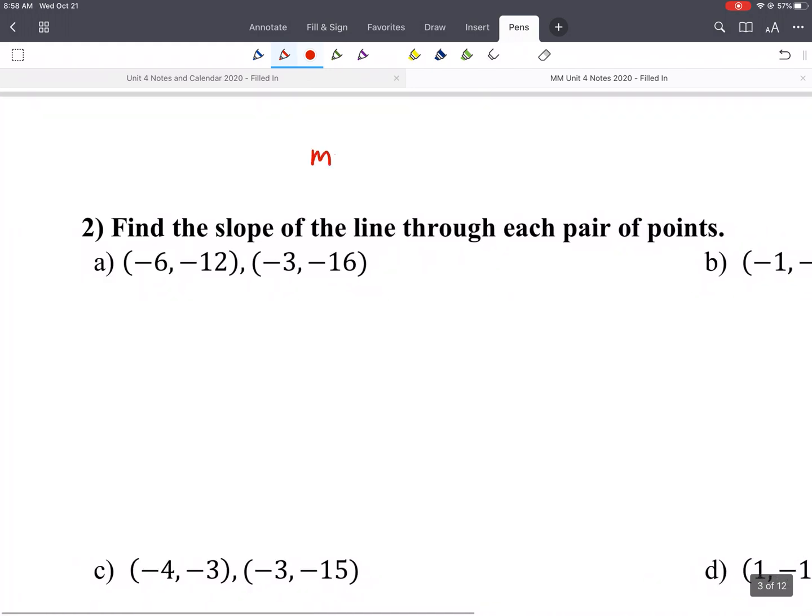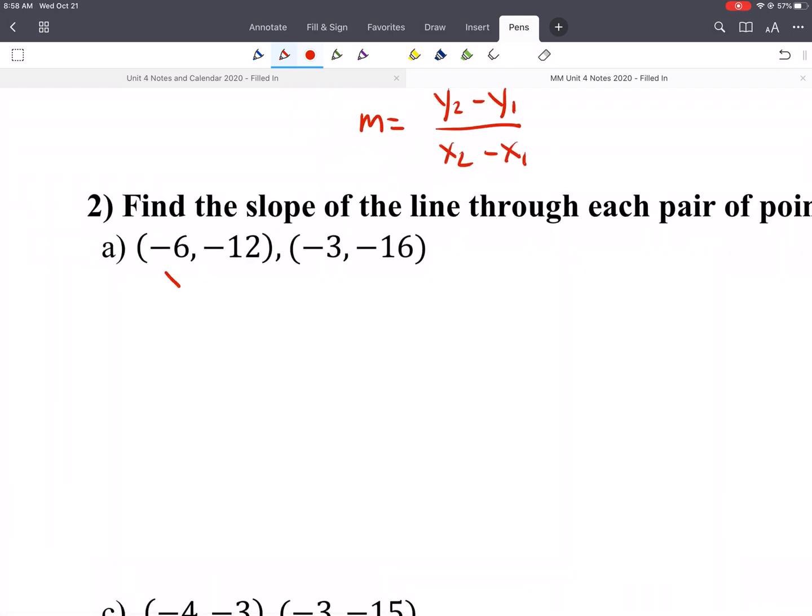So the slope from 2 points is y2 minus y1 over x2 minus x1. For this example, we could have this be x1 and y1, and this could be x2 and y2, or vice versa. It doesn't matter which point you use as your first point and which one as your second point. So we'll just plug those in.